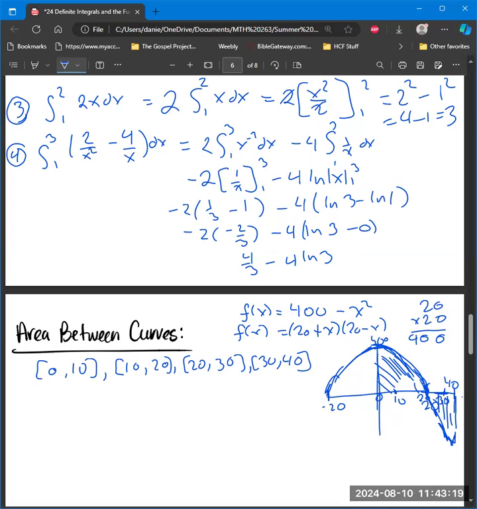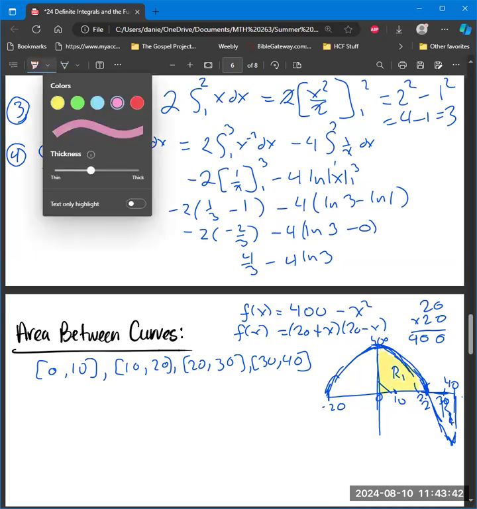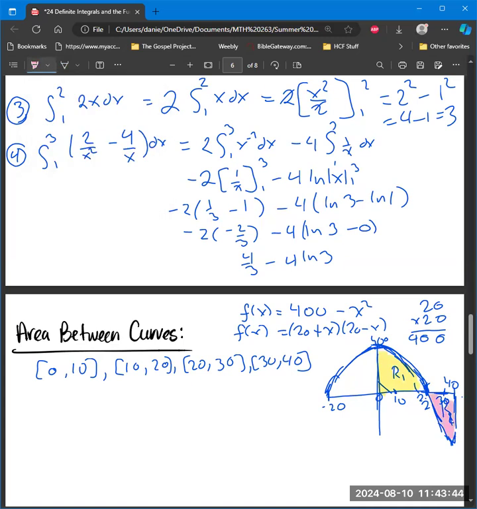Sketch the representative regions. Well, let me just shade them in 2 colors here. I'm going to have an R1 and an R2. Let's shade this one in yellow. Let's shade this one here in pink. And that pink one I'm going to have to subtract with the net area formula.